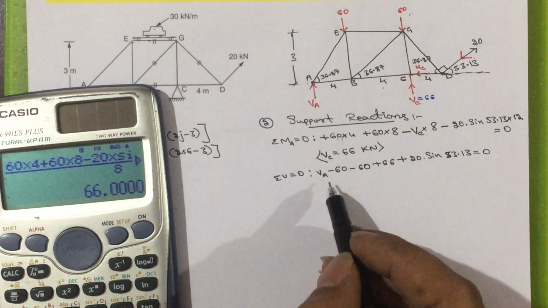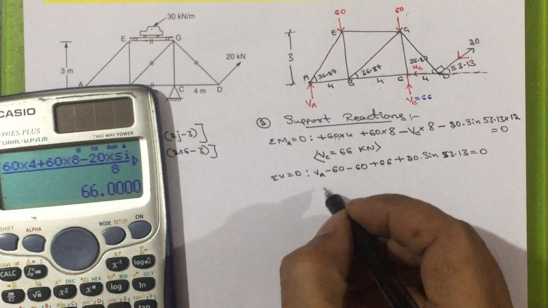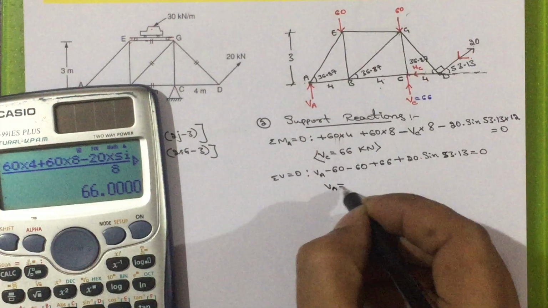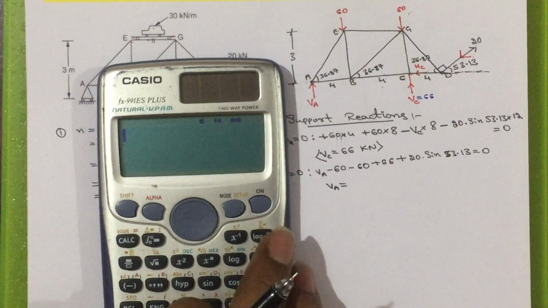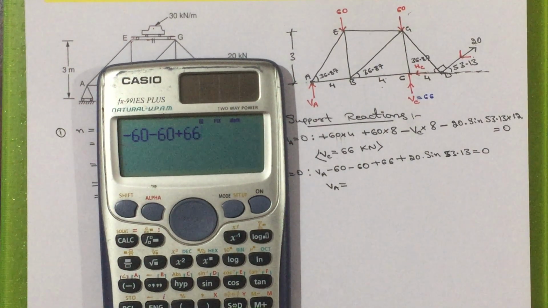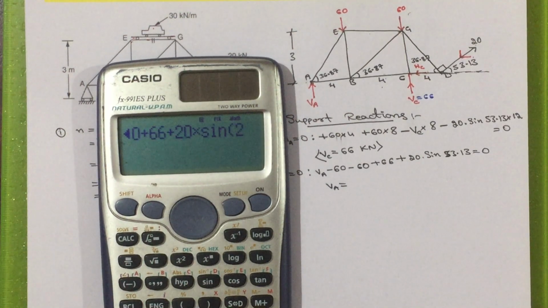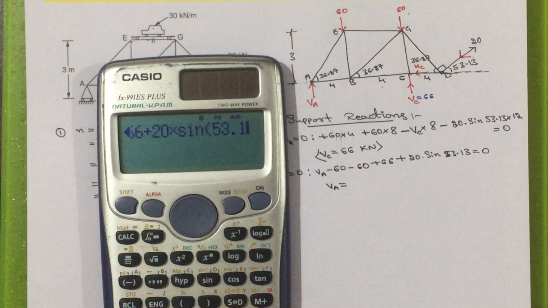In this entire equation, the unknown is Va. So calculate the Va value. You are going to get it as minus 60 plus 66 plus 20 into sine of 53.13.